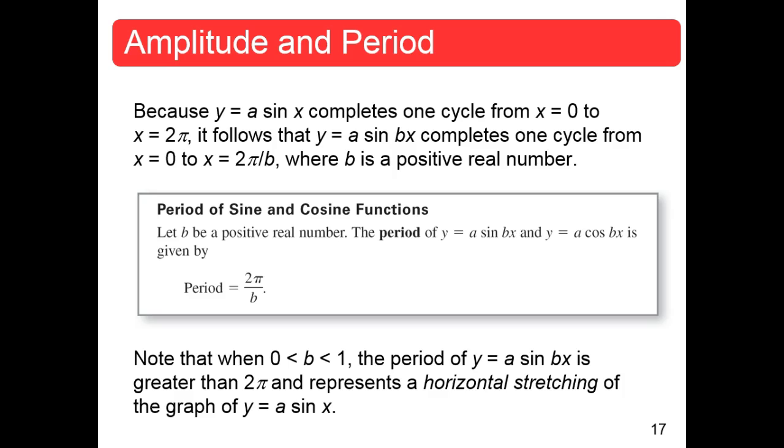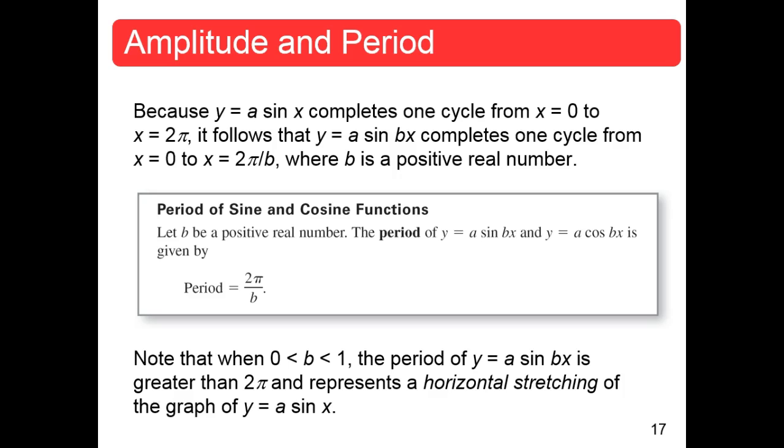Because y equals a sine x completes one cycle from x equals 0 to x equals 2 pi, that hasn't changed. It follows that y equals a sine bx, they threw in the b now, completes one cycle from x equals 0 to x equals 2 pi over b.